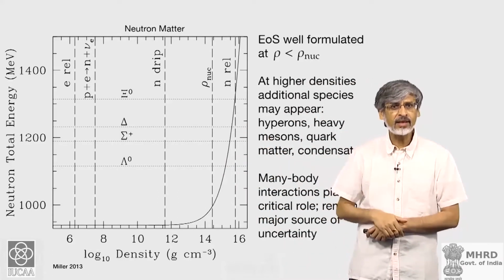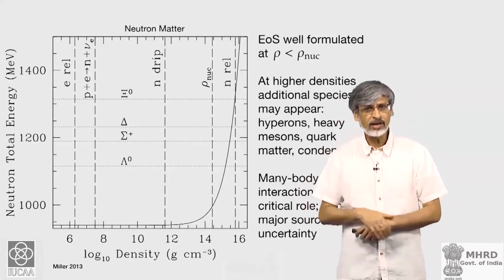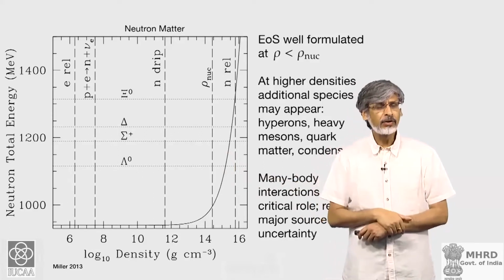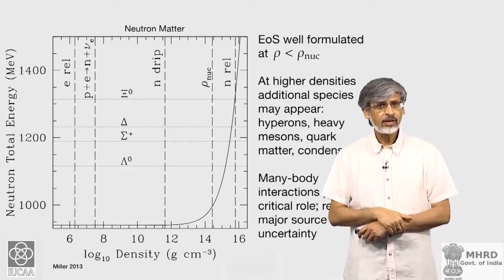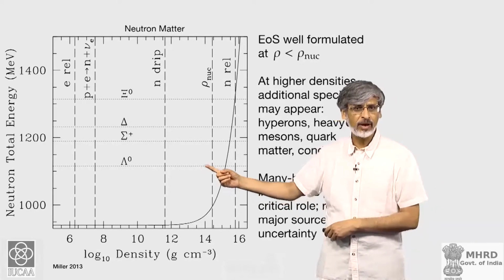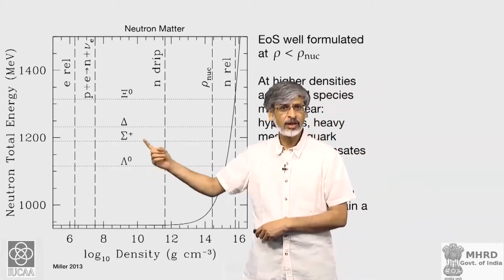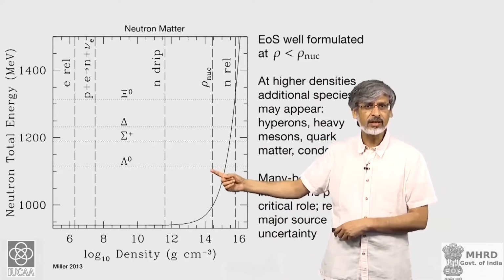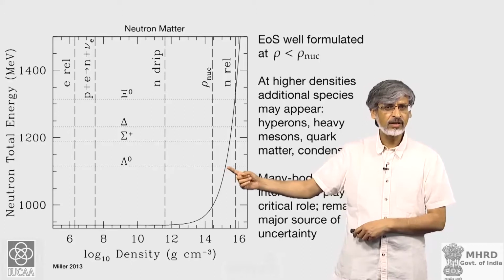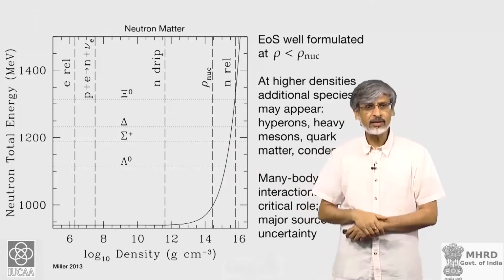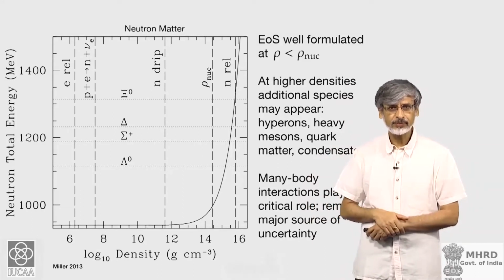Now, as it begins to rise, the value will begin to cross the rest mass of various other particles that can exist. So, various other hyperons and mesons can begin to appear spontaneously when the available energy bath is high enough.